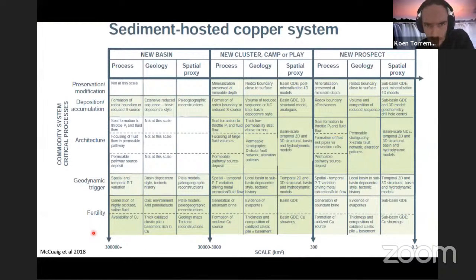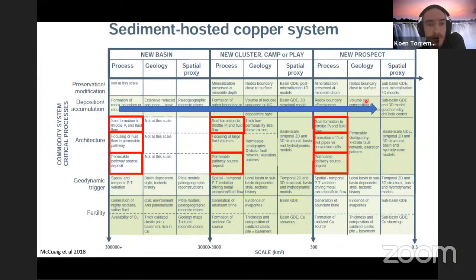This is a figure by Koen on the critical processes that mineral exploration companies would be looking for when doing generative exploration, from identifying a new basin, identifying a play or a cluster of prospects, and then down to the prospect scale where you would go into identifying new areas of prospective mineralization.